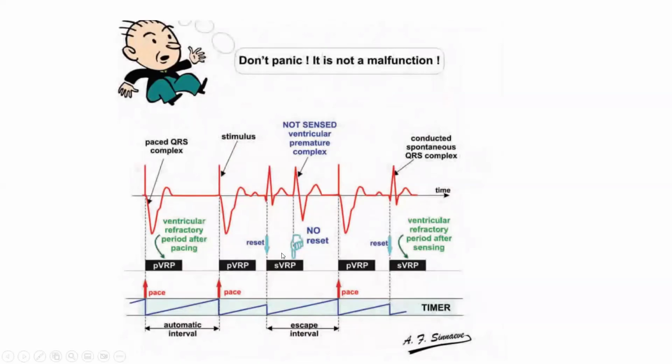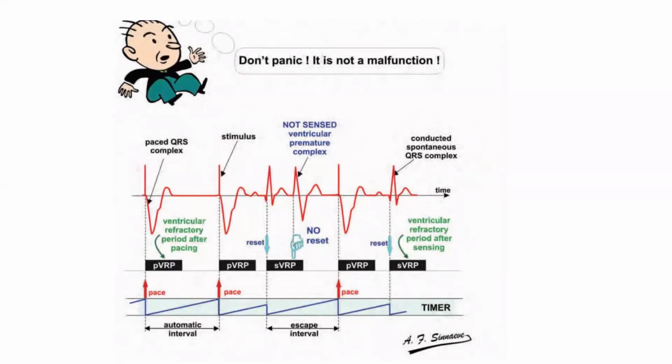So it's counting from the third beat to the fifth beat. For the pacemaker, the fourth beat didn't happen. It didn't see it. The fourth beat just happened inside the refractory period. So for the pacemaker, there are 1, 2, 3, 4 beats. The real fourth beat is not sensed because it came inside the refractory period.